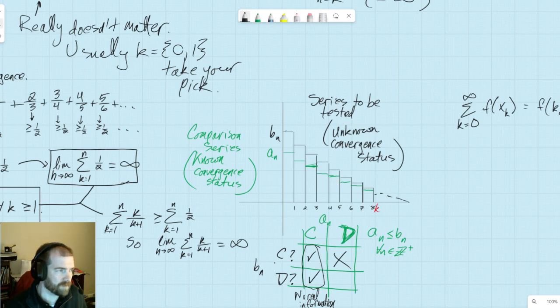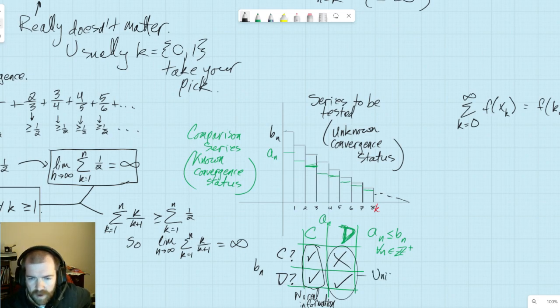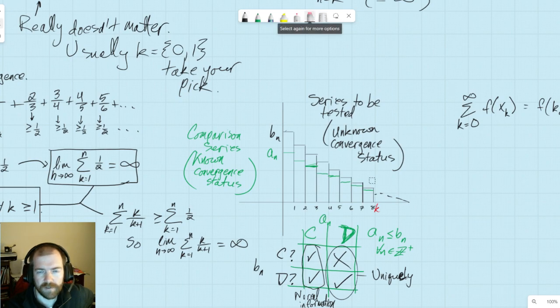But that means that if A sub n is under B sub n, and A sub n diverges, then B sub n has to diverge.